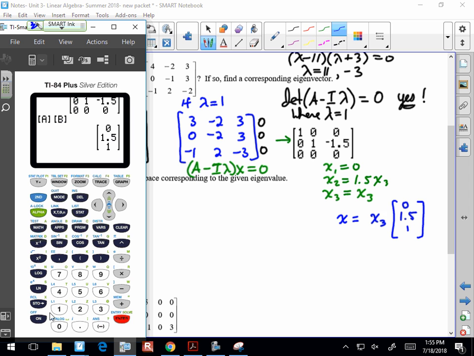Now, one thing that you can do is apply a scalar to that eigenvector and see what impact it has. So just double each entry. Triple, quadruple, whatever you want. Negate. It's all double. So 0, 3, 2.